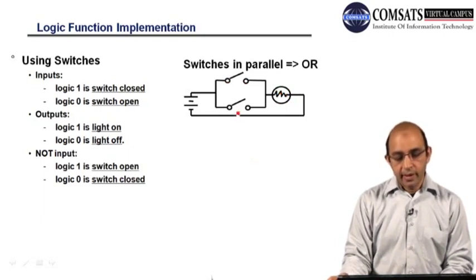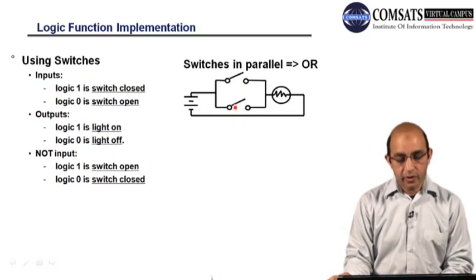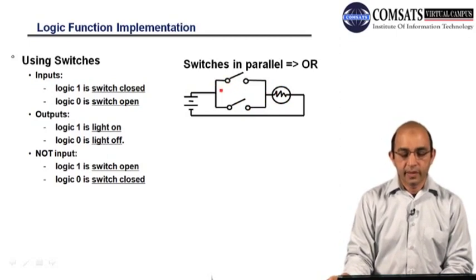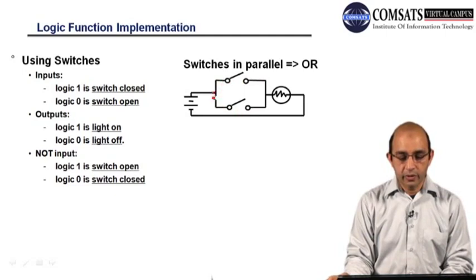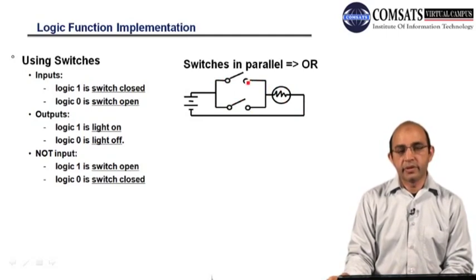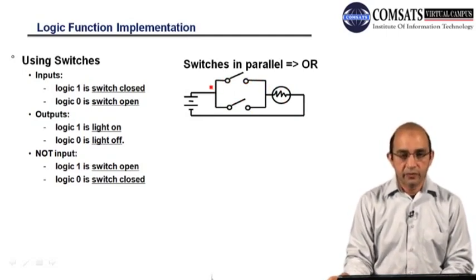If this switch is on, the light will turn on, and if this switch is on, then the light will be on again, and if both are on, then again we will have the light. The current can go from here or from here, or it can travel both ways to make the light on. So this is the OR representation when you talk about switches.